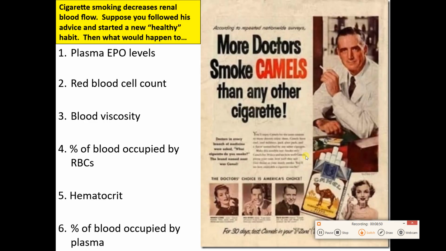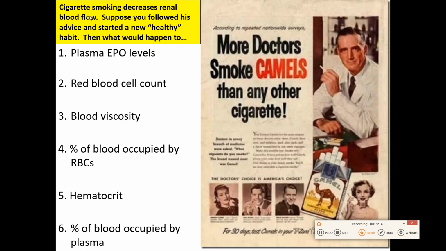Okay, quick set of questions for you here. Let's suppose you followed this idiotic advice from this doctor and you started smoking cigarettes. Not a healthy habit at all. One thing cigarettes do, among the many horrible things they do, is decrease renal blood flow.